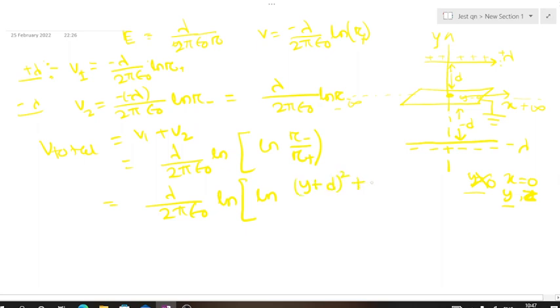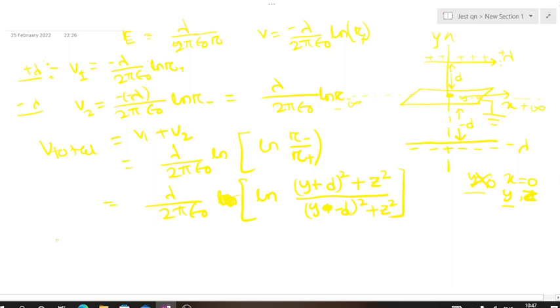We have to do 1 by (y plus d) whole square plus z square divided by (y minus d) whole square plus z square. Sorry, this is not ln here.